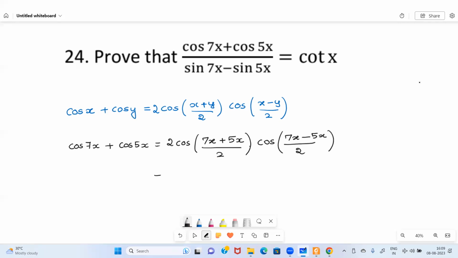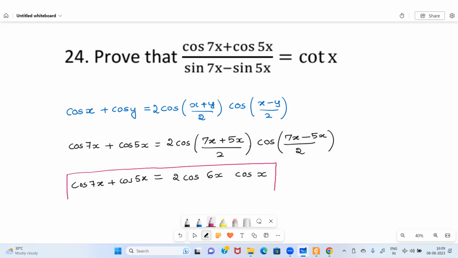So what would this be equal to, students? 2 cos (7x + 5x is 12x, 12x by 2 is 6x) into cos (7x − 5x is 2x, 2x by 2 is x). So we have cos 7x + cos 5x as 2 cos 6x into cos x. Okay, students. So we have considered the numerator, correct?